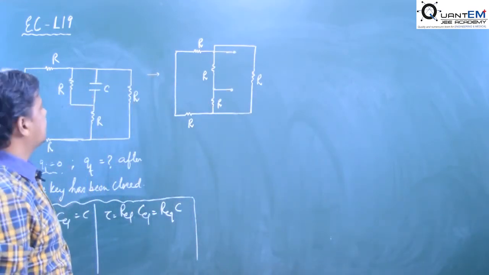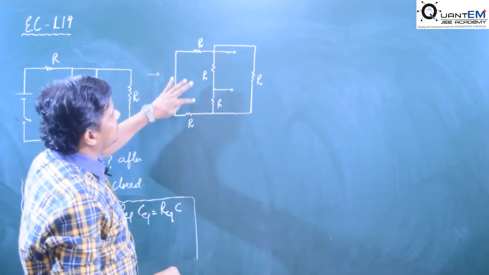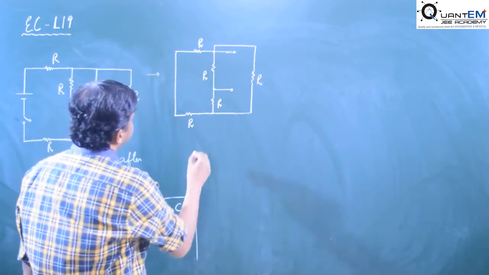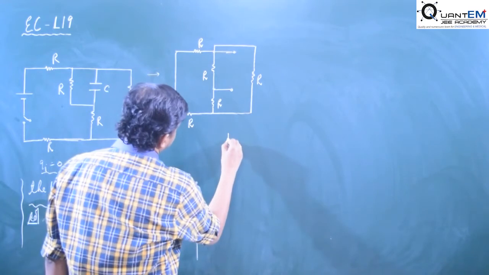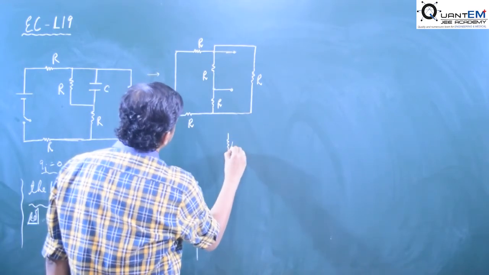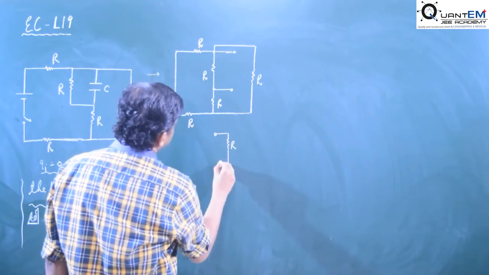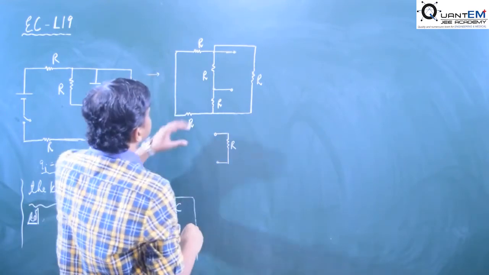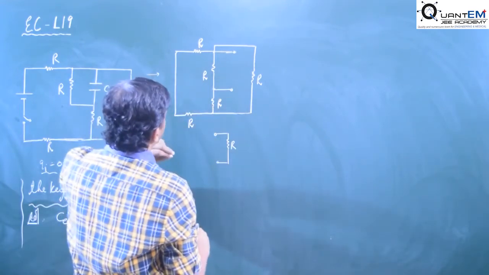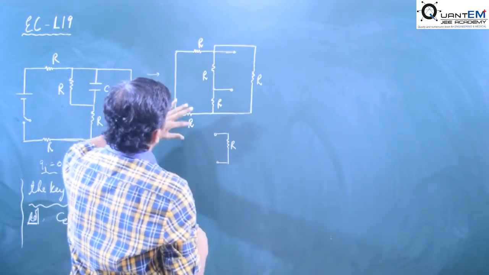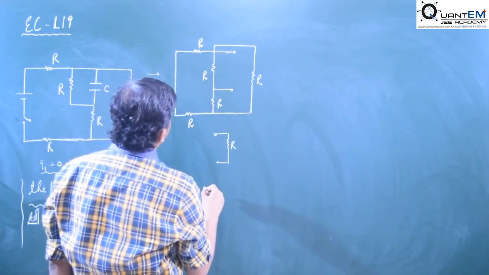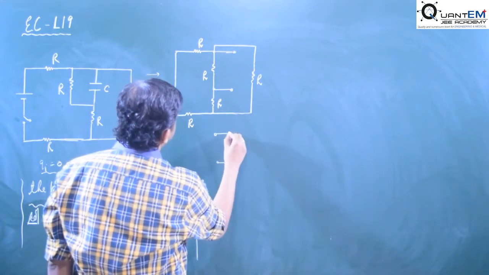The resistance. Now see, these two resistors are in what? Series. So about the terminals of the capacitor, it is R and R, these are what? 2R.